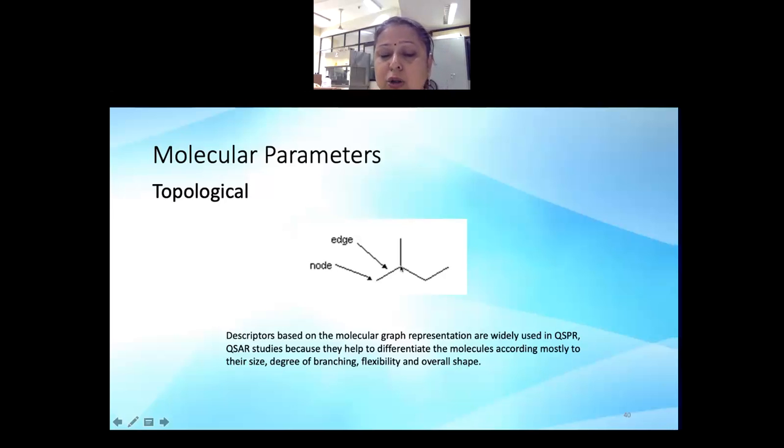Descriptors based on the molecular graphical representation are widely used in QSAR and QSPR studies because they help to differentiate the molecules according to size, degree of branching, flexibility and overall shape. So here you define what we have read in chemistry.